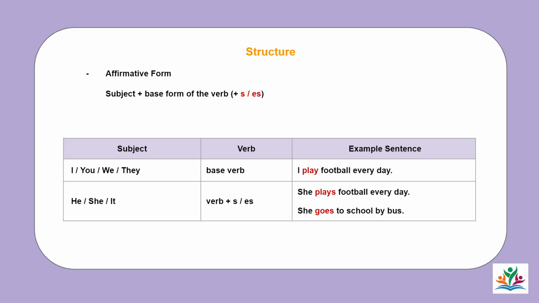For example, I play football every day. For the subjects he, she, and it, we need to add an s or es based on the verb at the end. For example, she plays football every day, or she goes to school by bus. Don't worry, we will learn later on which verbs need an s and which verbs need an es.